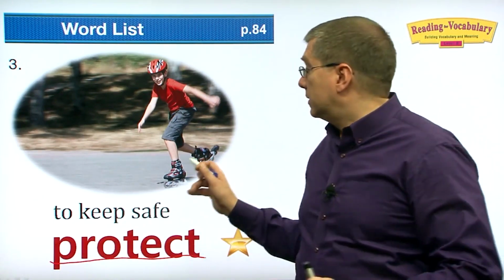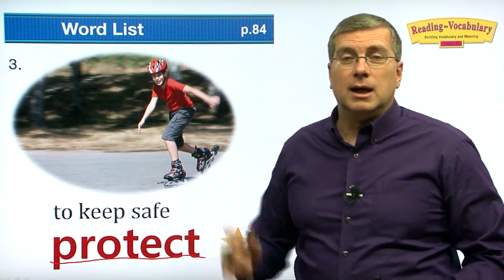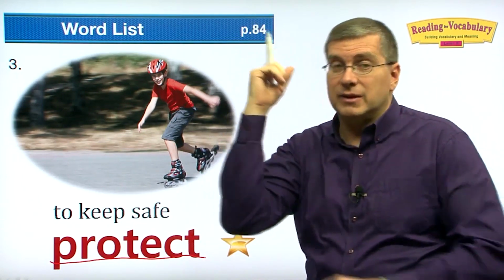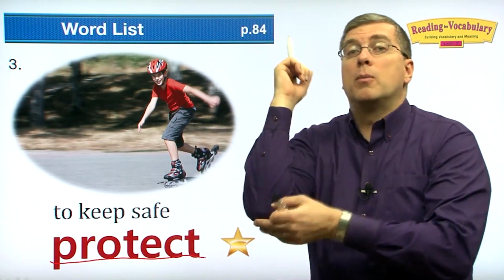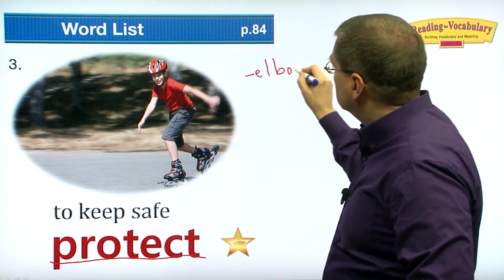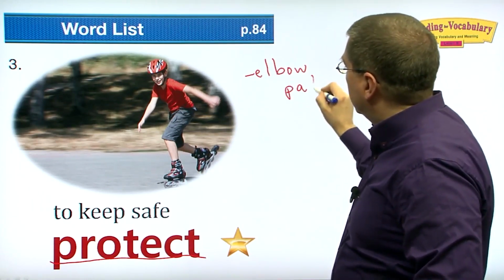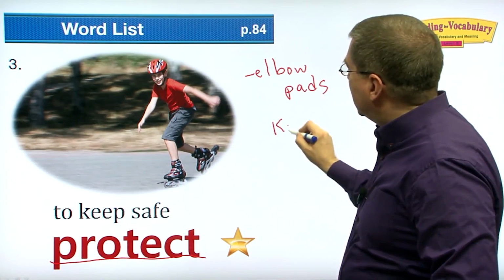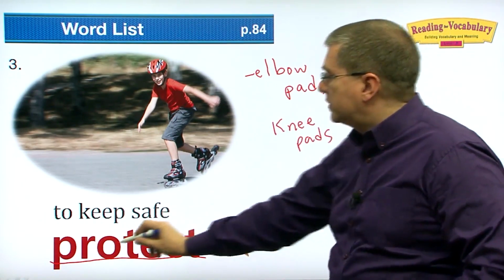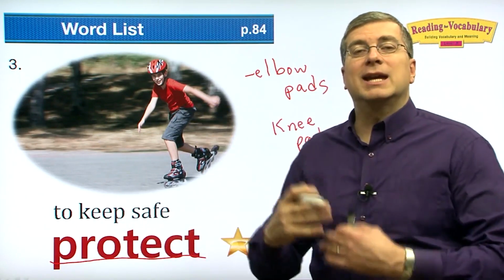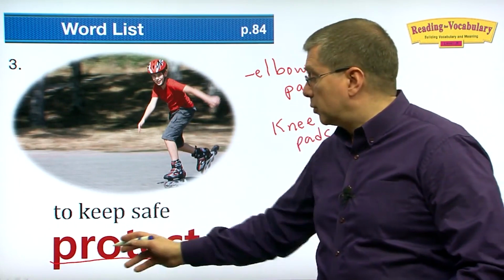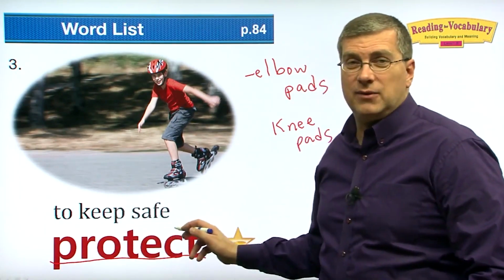If you're going rollerblading, wear a helmet. If you're riding a bike, wear a helmet. Maybe you should wear elbow pads and knee pads. These also help protect your body in case of an accident or in case you fall down. So protect yourself. Keep safe.